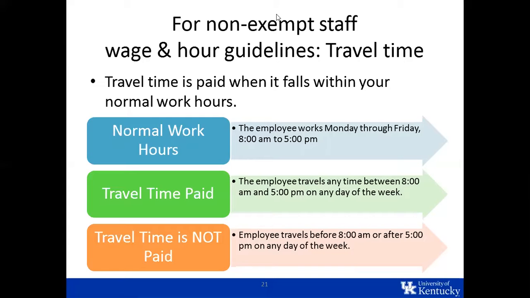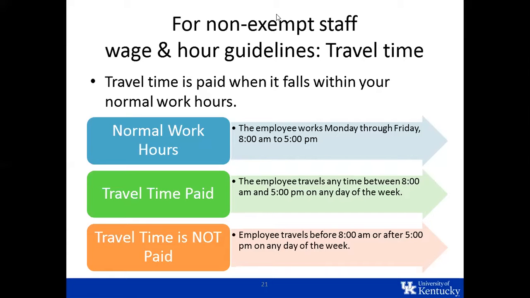When you're non-exempt, you do have some limitations, because you could be responsible for being paid during that travel time. So if you think about your normal work week hours being 8 to 5, that stretches through all 7 days.